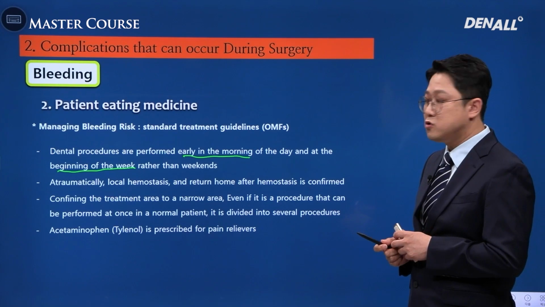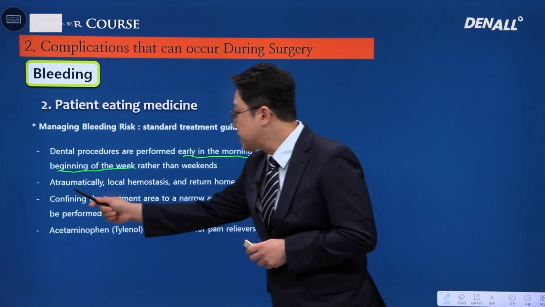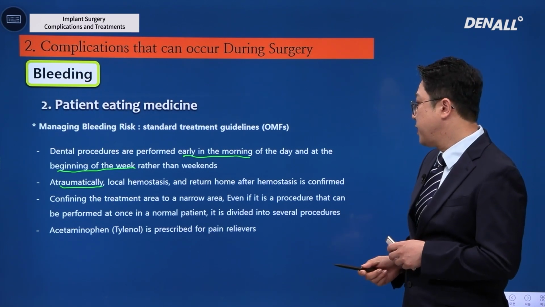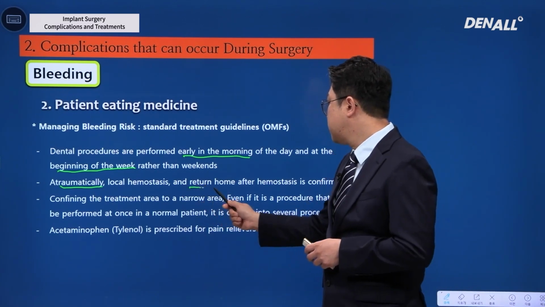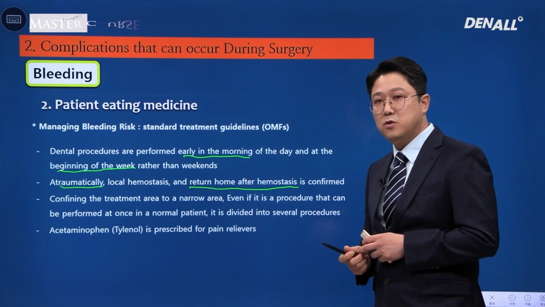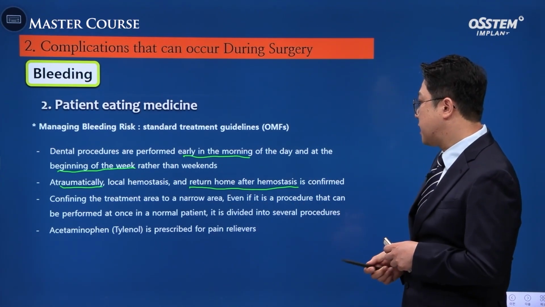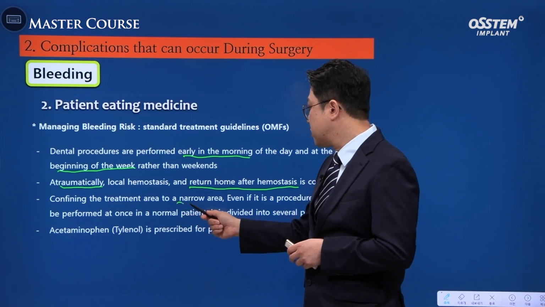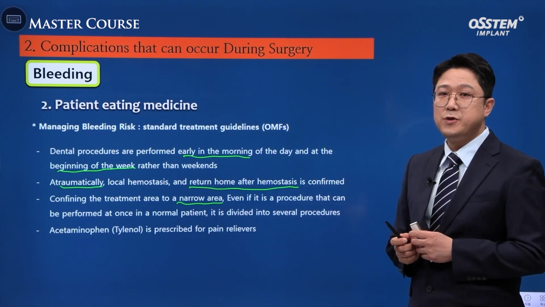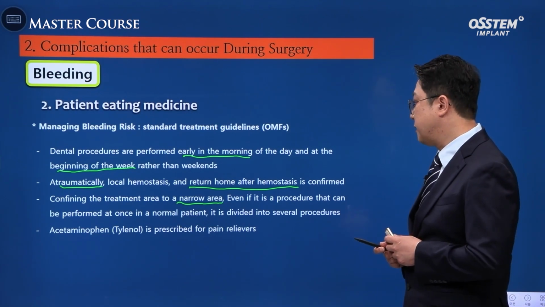If possible, it should be atraumatic. And we need to check whether bleeding has stopped before we let the patient return home. The extent of surgery should not be too extensive. If it is wide and extensive, then there's higher possibility of bleeding.